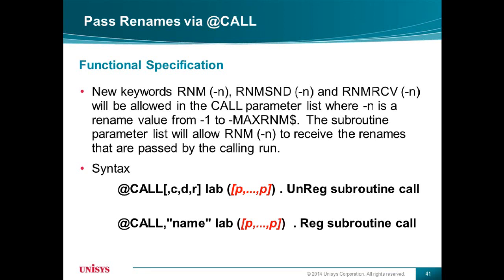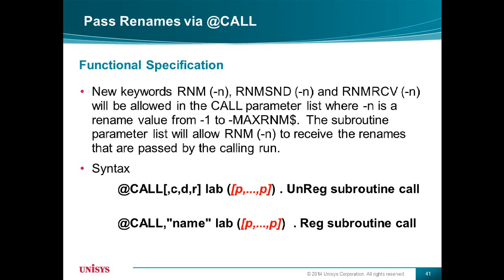What RNM does basically is called a call by reference. So you're sending a reference of that rename report, and that report would be updated in the callee and returned back. The next option is RNM send. This would send results reports within the format of -1 to -16. That's the max results reports we can have.